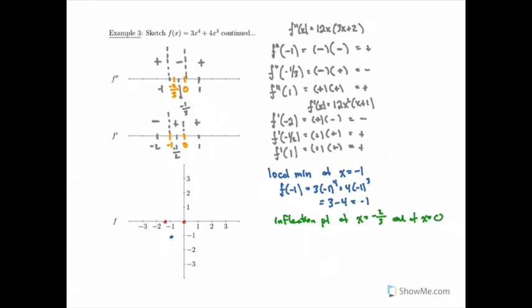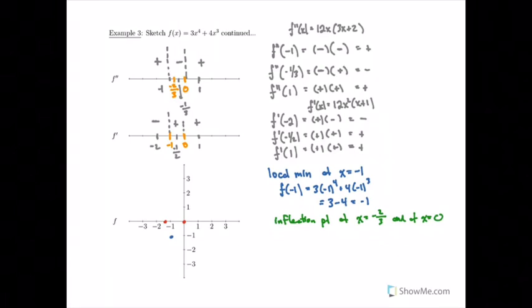So here's going to be a lesson in connecting the dots in a certain way. From the interval -infinity to -1, we are going to be decreasing and concave up. So from -infinity to -1, I'm going to be concave up, decreasing.